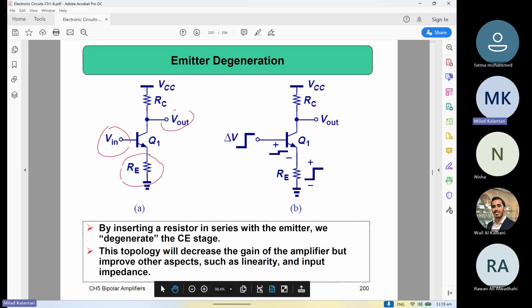Why do we need to put this RE? It can be because of the level shift that you are saying, right? Means that the DC level of the V in will increase or change. But what is the purpose of having this RE from other perspectives?